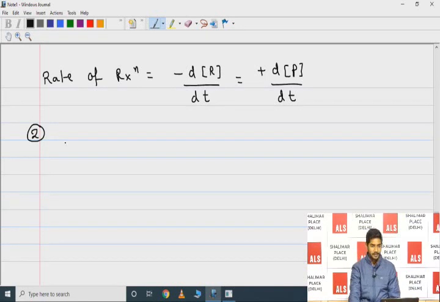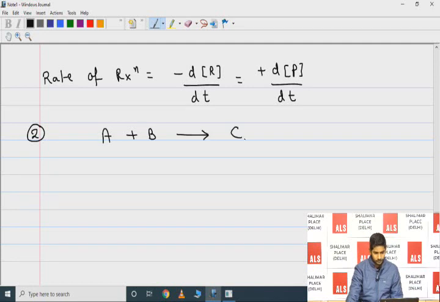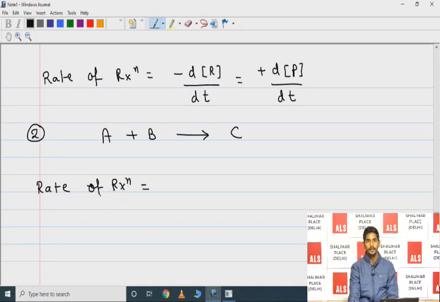Let's take another example. I am saying A plus B is giving us C. Now I would like to write this one. Rate of reaction.